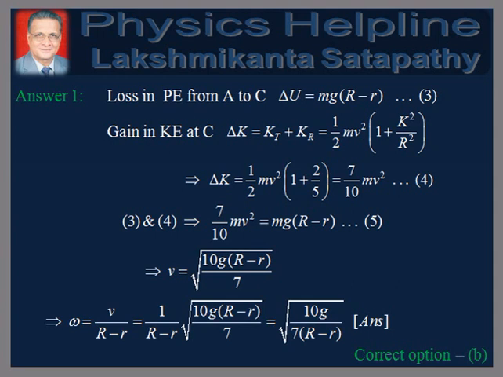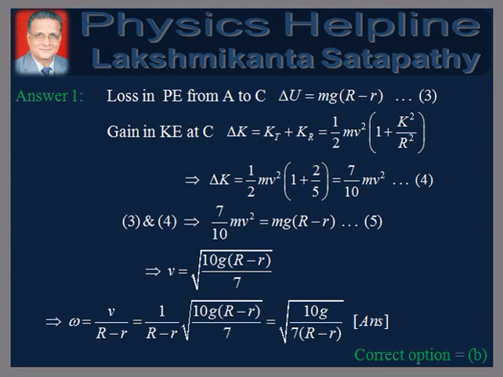Also, gain in kinetic energy at C is given by delta K is equal to KT plus KR, which is equal to half mv square into (1 plus k square by r square). Putting k square by r square is equal to 2 by 5 and simplifying, we get delta K is equal to 7 by 10 mv square.